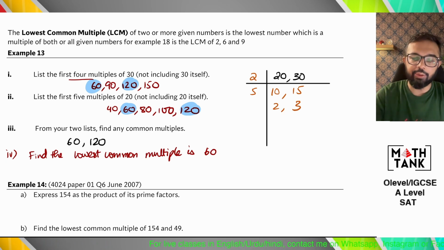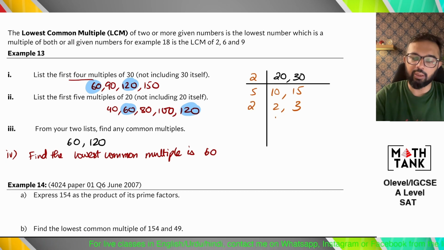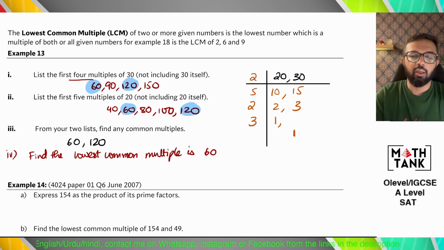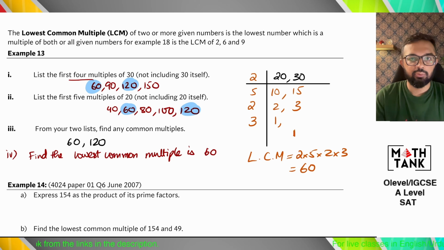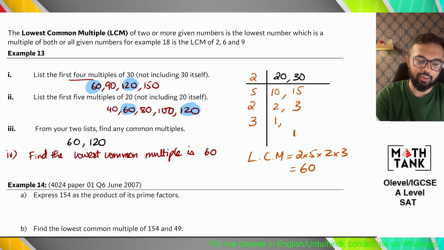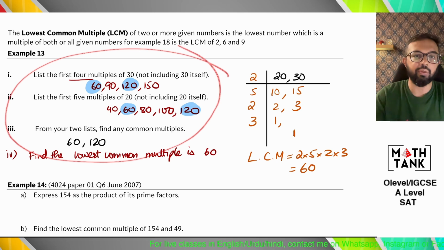Then you also divide by the uncommon numbers. So you say 2 times 1 is 2 and 3 times 1 is 3. What is the LCM then? The LCM is 2 into 5 into 2 into 3. That should give you 60. That is how you found LCM early on in your life. This question is just showing you what the LCM really means.